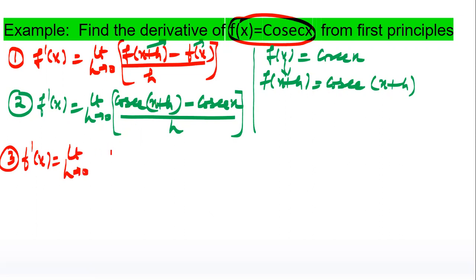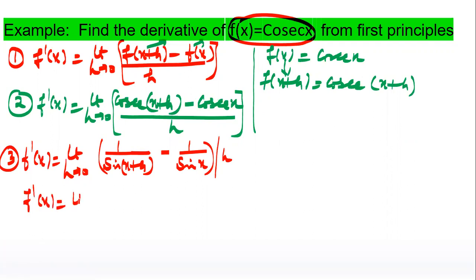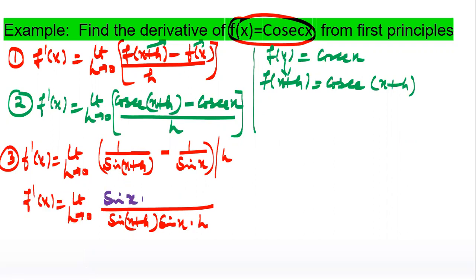We know that cosec theta is 1 upon sine theta, that is 1 upon sine(x+h) minus 1 upon sine x, whole divided by h. Taking LCM, it will be sine(x+h) into sine x, and this h comes over here, and it will become sine x minus sine(x+h).